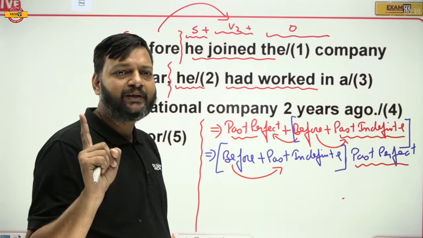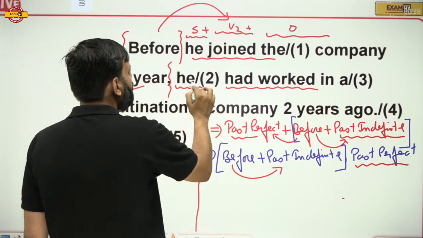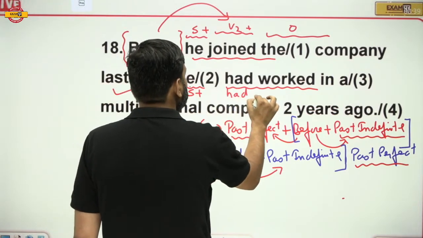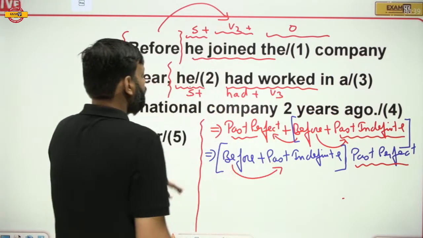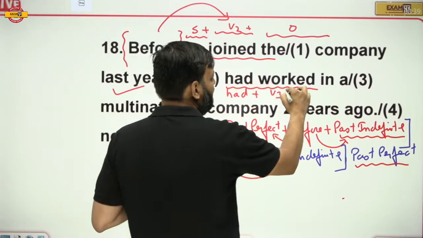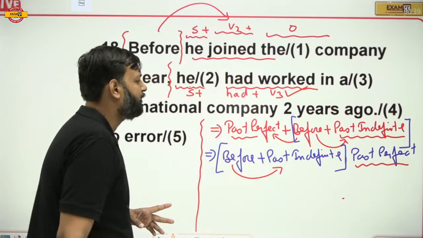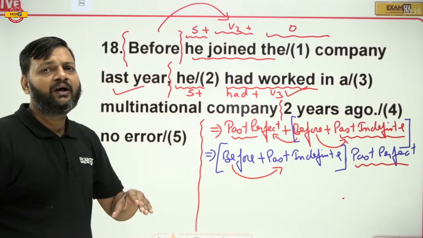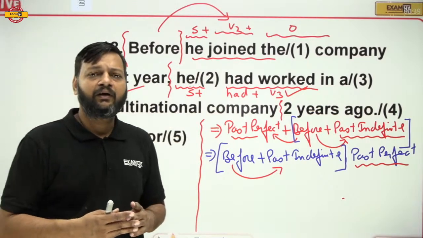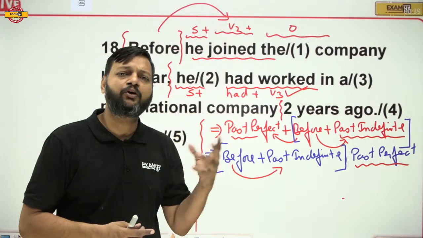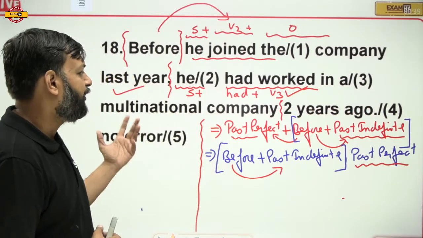So this clause too is in past perfect. This is subject, then had, and then third form of verb. This is also absolutely correct. No problem. So both the clauses are in a correct structure. Both the clauses are very well structured.